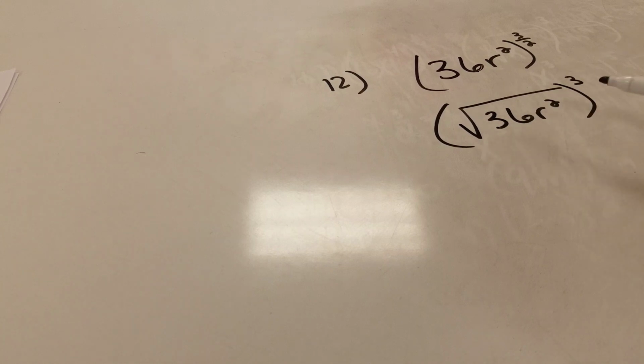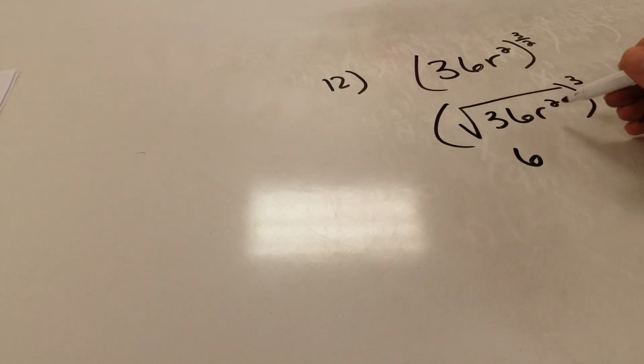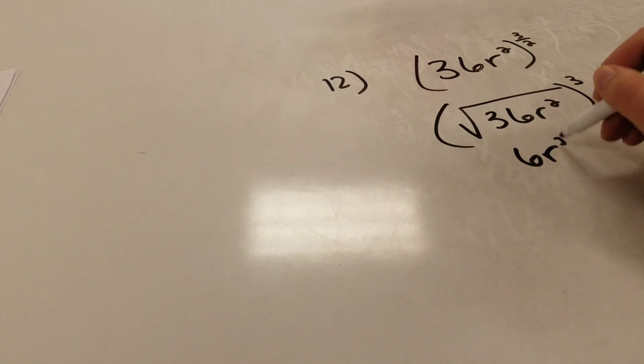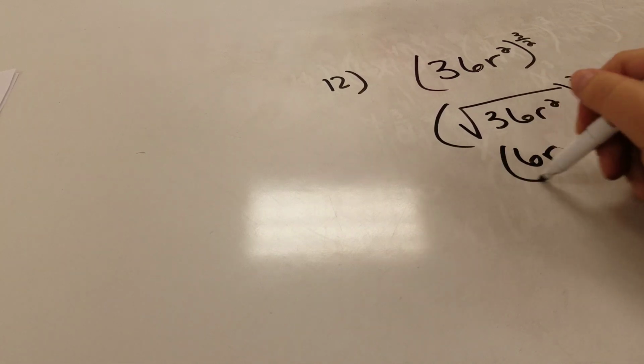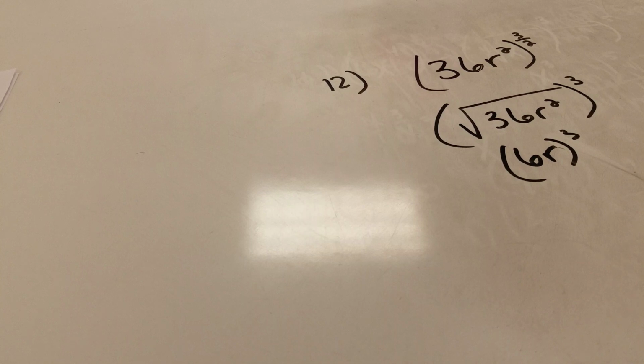Again, 36 is kind of a big number. I don't really want to take it to the 3rd power. So I'm just going to square root it first. The square root of 36 is 6. Square root of r squared is r. And then we're raising that to the 3rd power. So we would do 6 cubed, which is 216, r cubed.